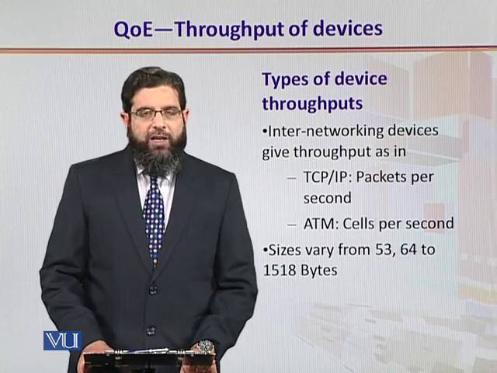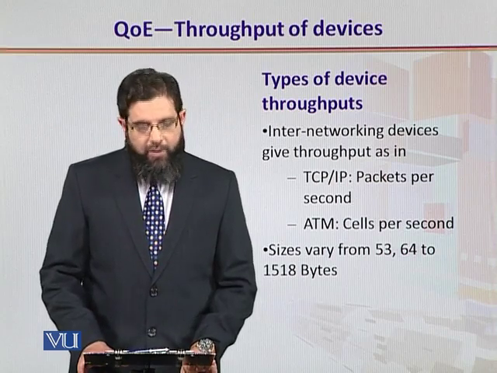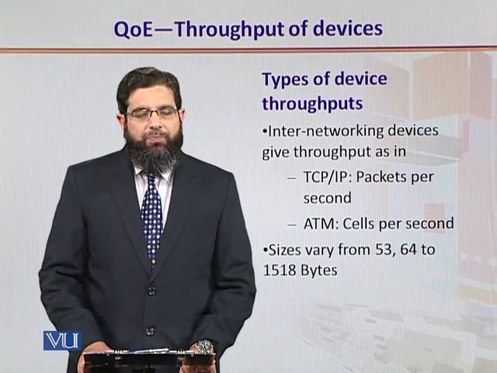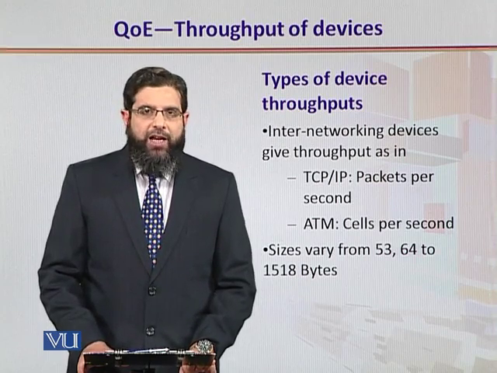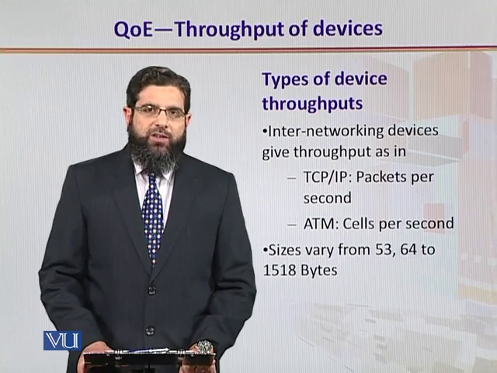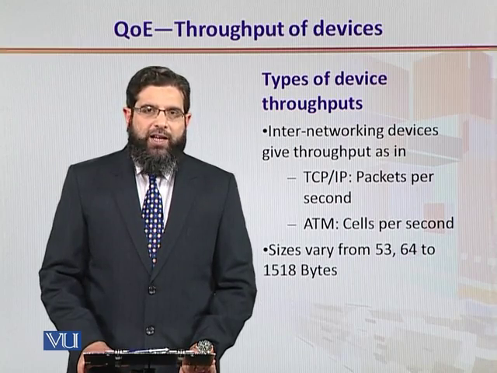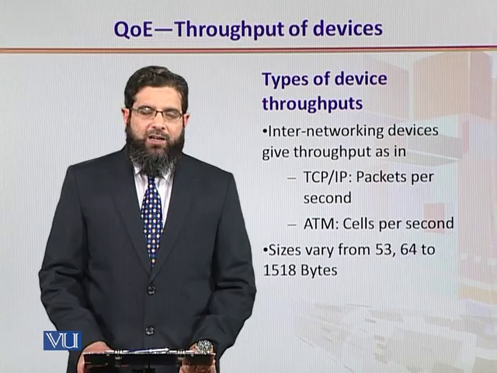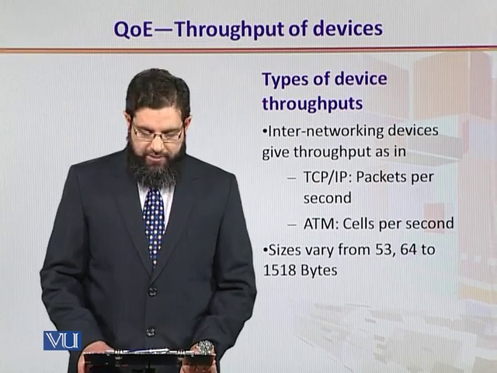So it means for both of these different kinds of devices, we'd have the sizes which vary from 53 bytes, 64 bytes, and to the maximum transmission unit, which is the maximum unit that a network can allow to traverse from one link, from one LAN card to the other LAN card, or from one switching device to the other.